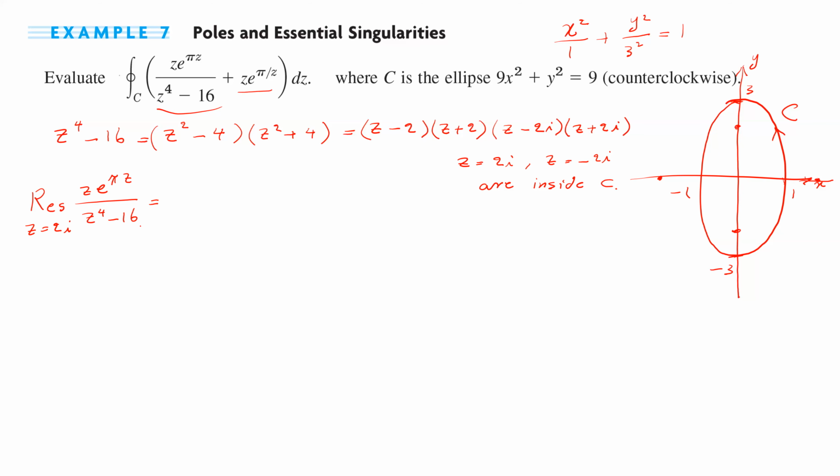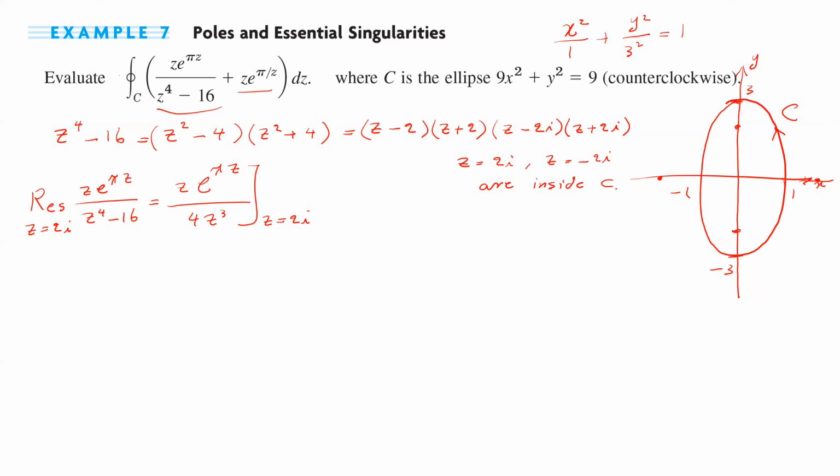We calculate the derivative of the denominator. That's easier. So it becomes z e to the pi z divided by 4z cubed, evaluated at z equal to 2i, right?